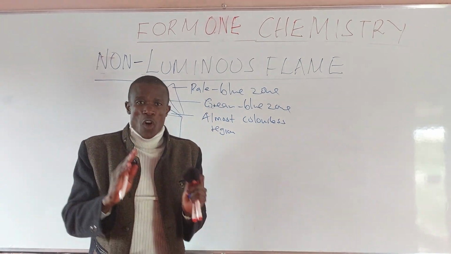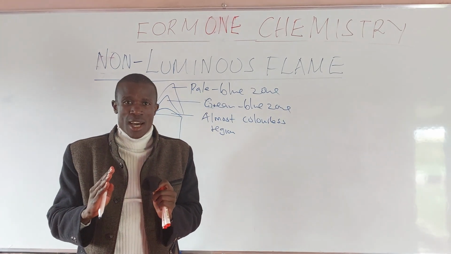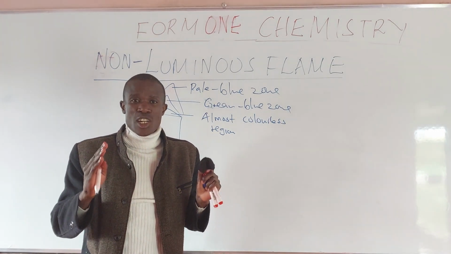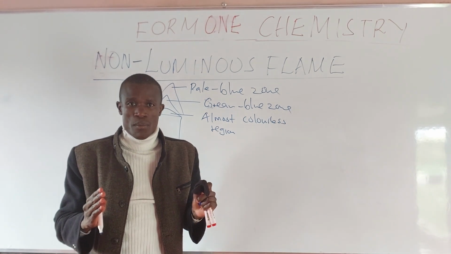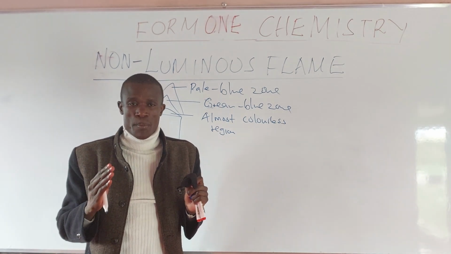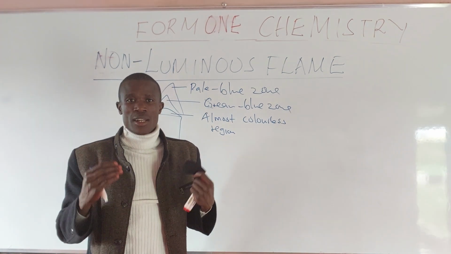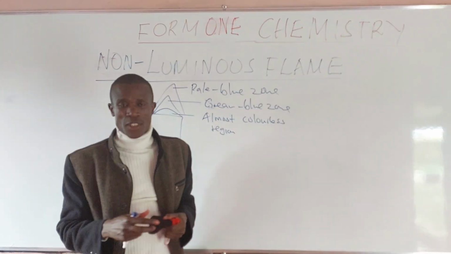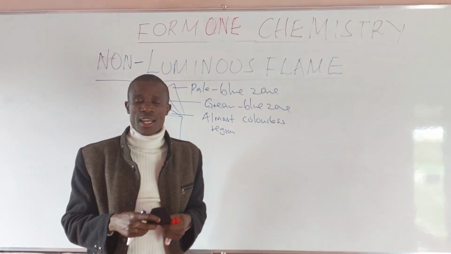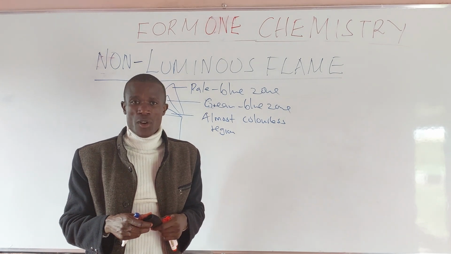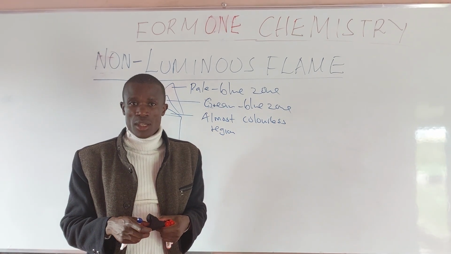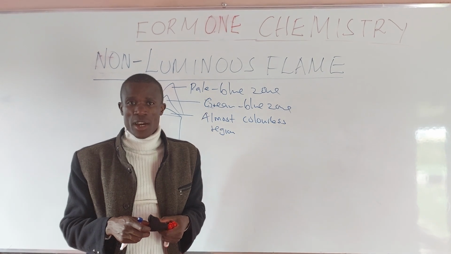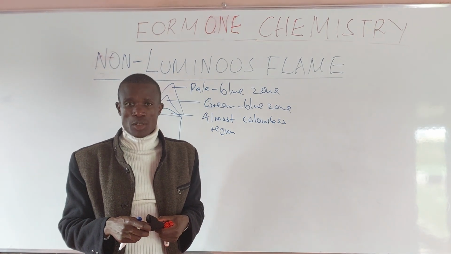The advantage of luminous flame is that it is visible. It cannot cause an accident in the lab more often because the person or the student in the lab can easily see it. Non-luminous flame is less visible, and therefore when the learner is not keen, there can be an accident or fire accident. That must be noted.